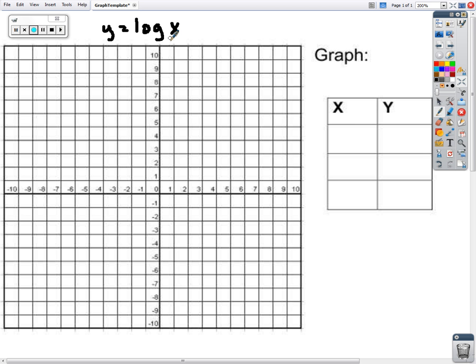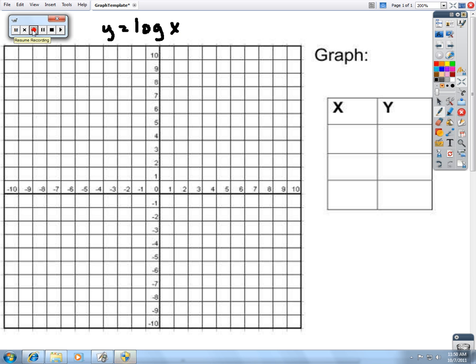Okay, if you put this into your calculator, don't try to change any bases. I'm not sure if your calculators would let you do it anyway.